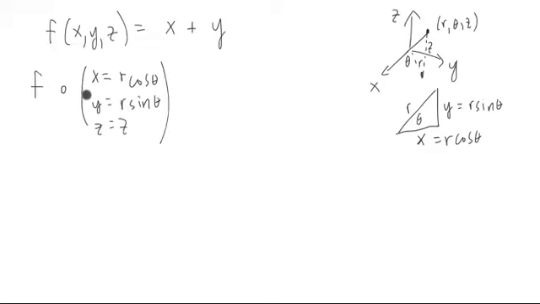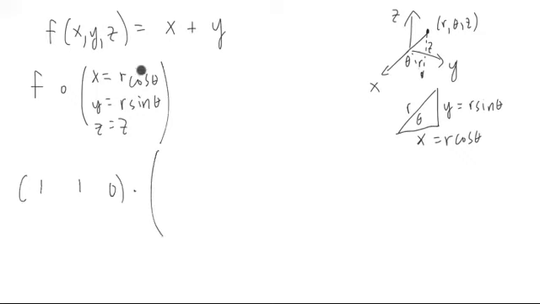Okay, so if we were to take a derivative, we take the derivative of f, which is 1, 1, 0. Then we take the derivative of this transformation. Notice how we have 3 outputs, so it'll be 3 rows. And we have 3 inputs, r, theta, and z, so we have 3 columns. So it's really a 3 by 3 matrix. So how do we get it?